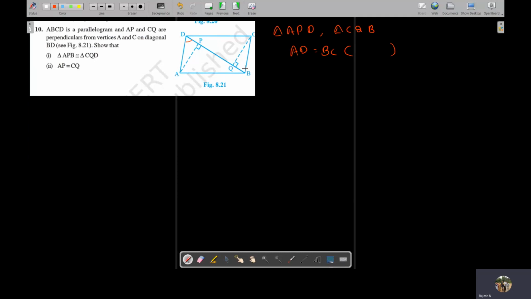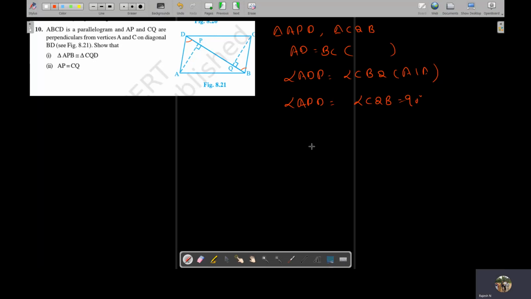What about these two angles? These two angles are equal. Angle ADP is equal to angle CBQ. Reason is alternate interior angles. Next, angle APD is equal to angle CQB, equal to 90 degrees. It is given.